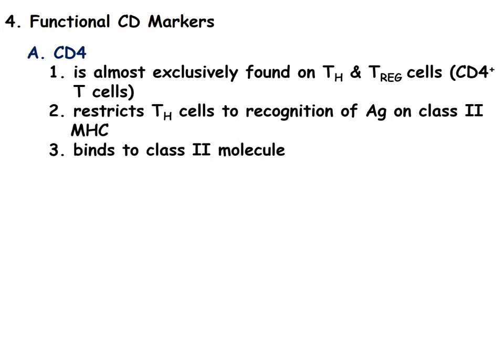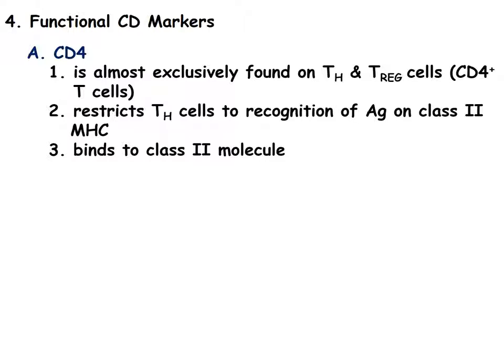It is important to keep straight which CD markers are on which subset of T cells. Sorry, but it is. The CD4 is exclusively found on T helpers and Tregs, okay? And it makes the T helper cells recognize antigen on class 2 MHC. So the fancy immunological term is it restricts T helper cells.